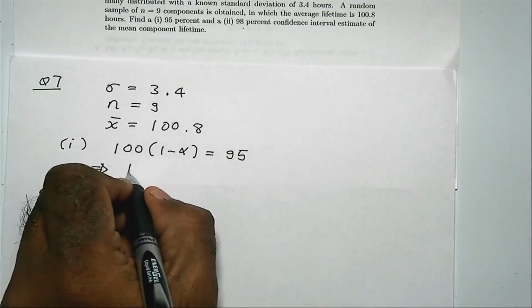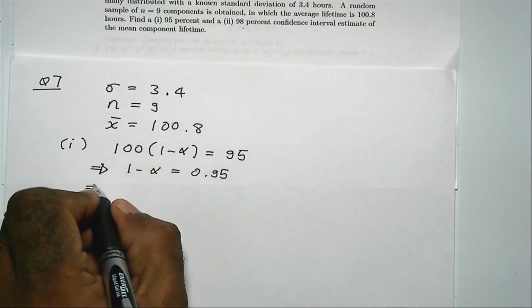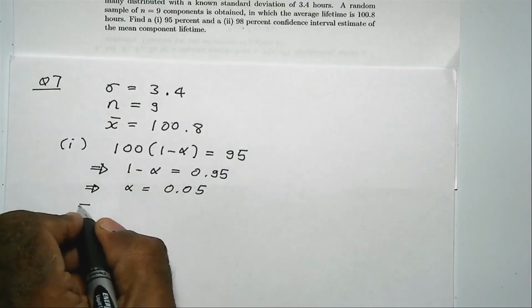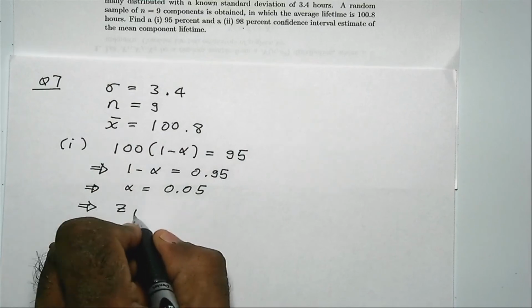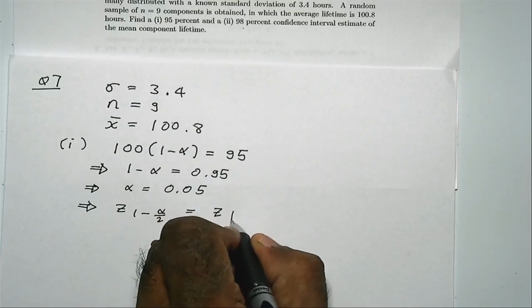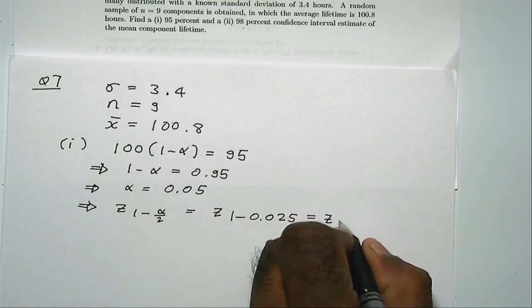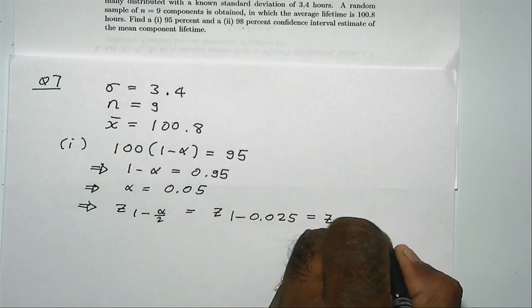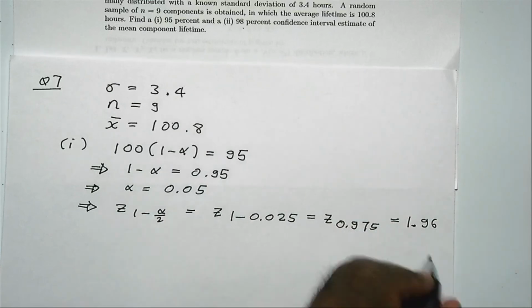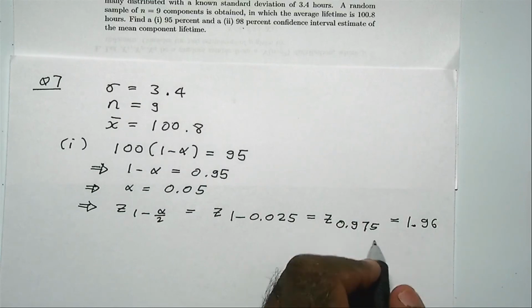So your 1 minus alpha is 0.95, your alpha is 0.05, and this is 1 minus 0.025, and this is equal to 1.96. If you read off the table that I gave you as part of the video, this will be 1.96.